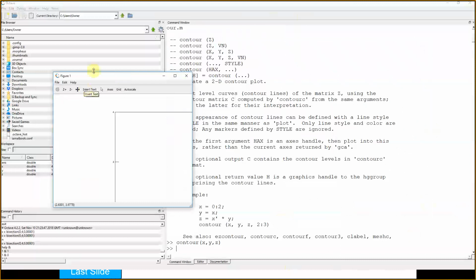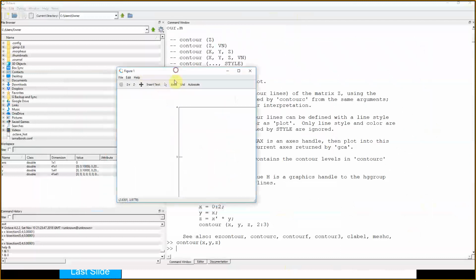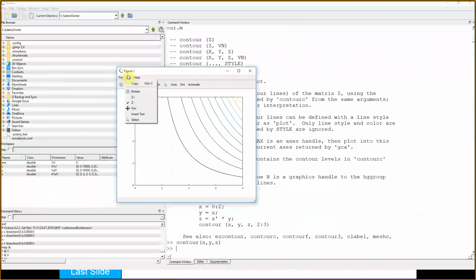Hold on. Make it look square. Okay, there we go. That's square, right?